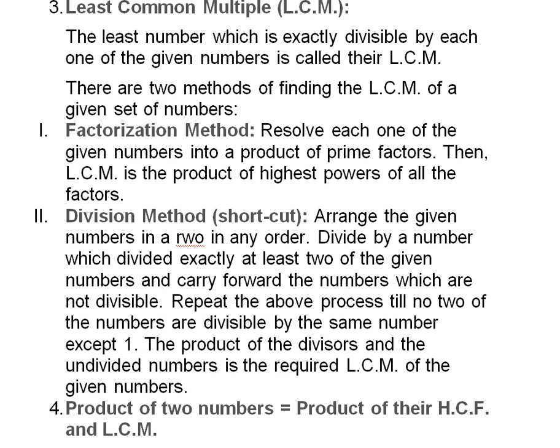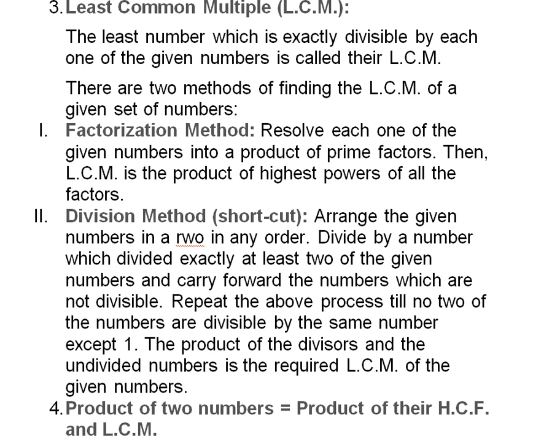In division method, that is a shortcut method, arrange the given numbers in a row in any order, divide by a number which divides exactly at least two of the given numbers, and carry forward the numbers which are not divisible. Repeat the process till no two of the numbers are divisible by the same number except for one, and the product of the divisors and undivided numbers is the required LCM of the given numbers.